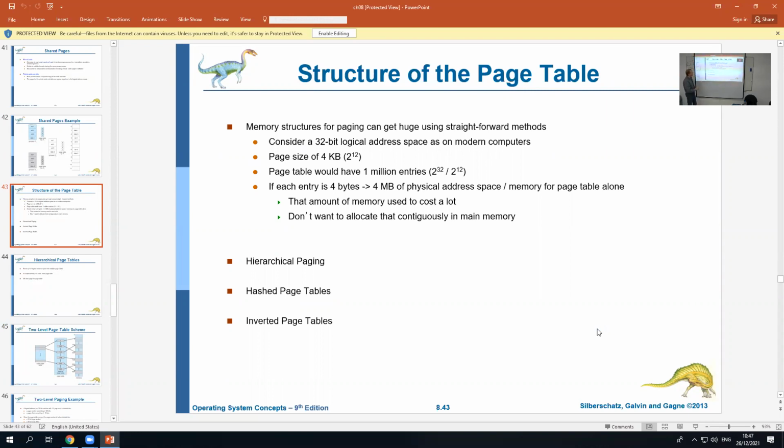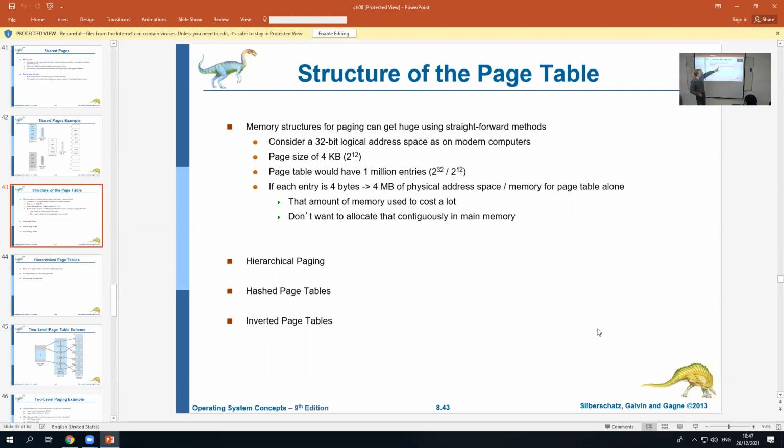That means I'll have 4 megabytes for each page table. And I may have one page table for every single process. If I have 20 processes, just on the page tables, I've got 20 times 4, 80 megabytes of space. Well, that's not so much, but it's 80 megabytes of space for just the page tables.